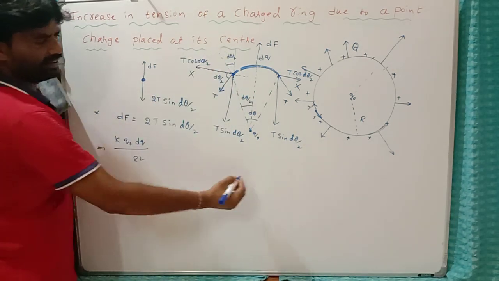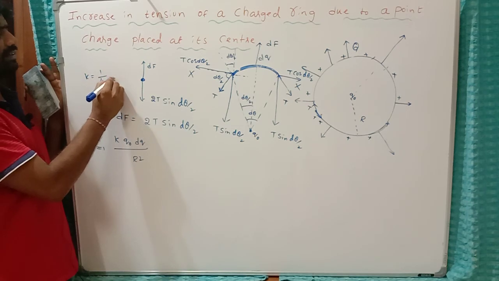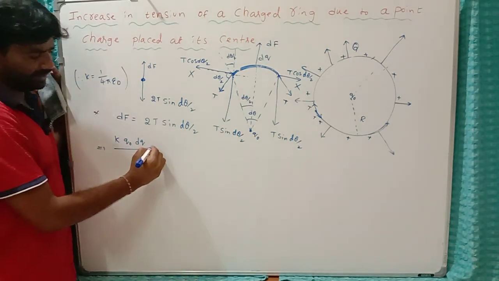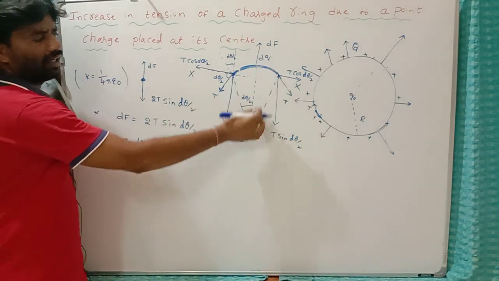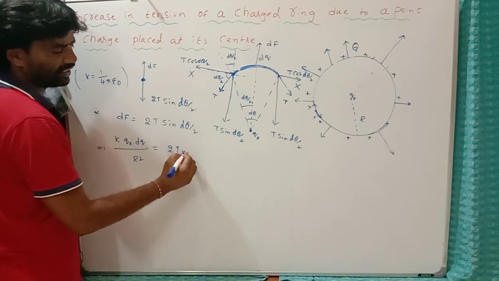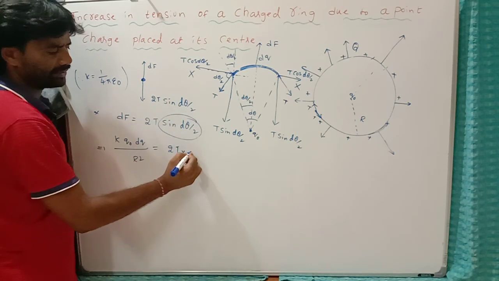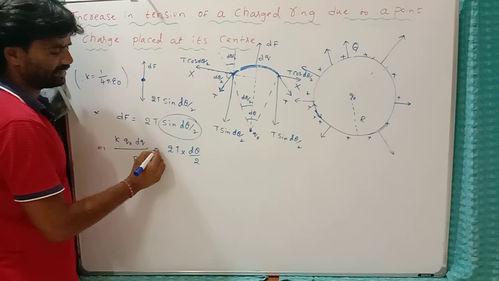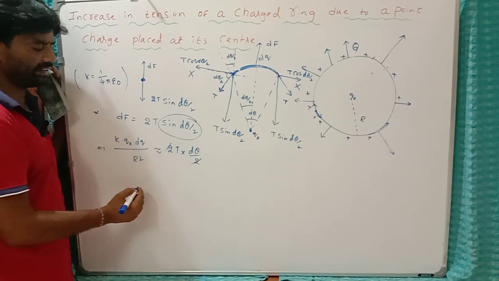K is 1 by 4 pi epsilon naught for air medium or free space. This is the small element and the angle is very small. For small angles we can take sin theta as theta, so you can write directly d theta by 2. It gives an approximate value. This 2 cancels.